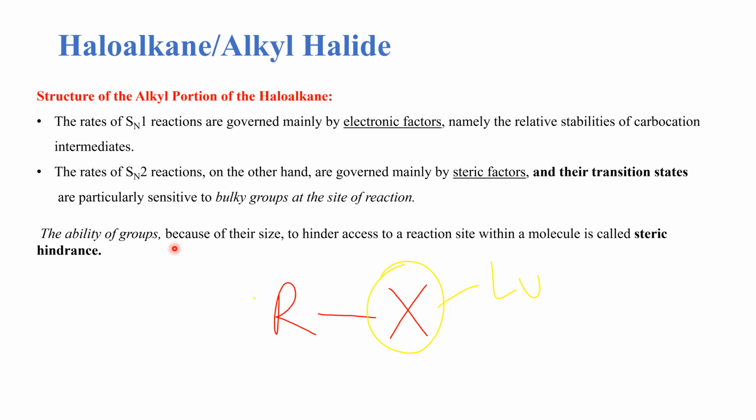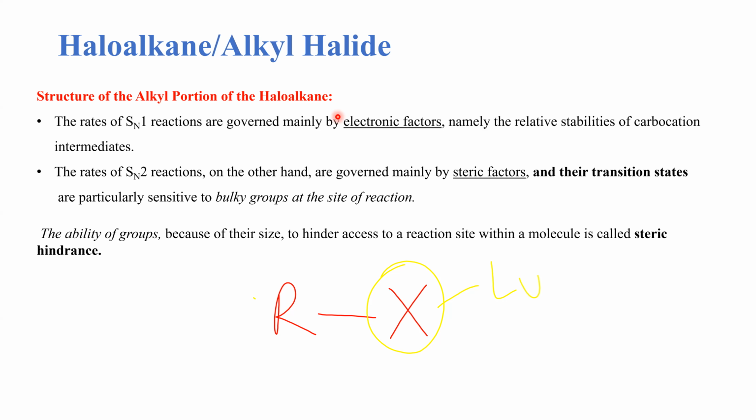Generally, what we have concluded from our discussion so far on SN1 and SN2 mechanisms or nucleophilic substitution reactions is that the rate of SN1 reactions is governed mainly by electronic factors. Electronic factors means the production of the carbocation and the stability of that positively charged carbocation.